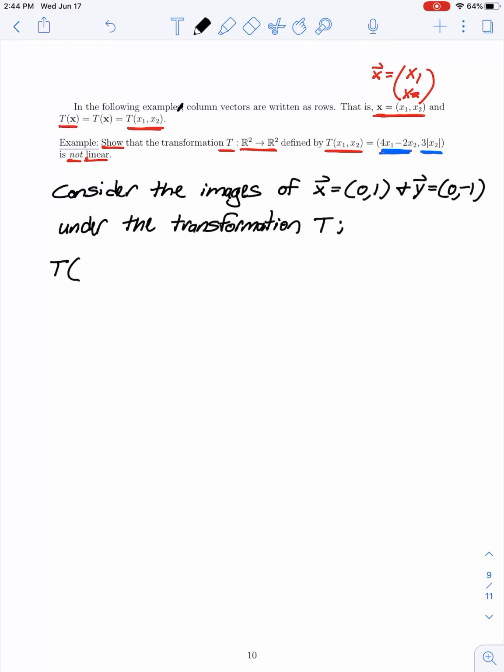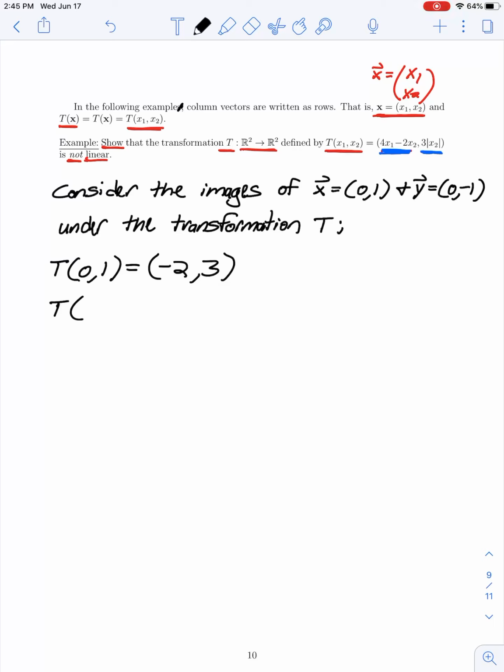So looking at T of x, which was the vector 0, 1, well, the first component is defined as 4 times x1, so that is 4 times 0, minus 2 times x2, which was 1, so we're left with negative 2. And the second component is 3 times the absolute value of x2. Now the absolute value of 1 is 1, so we have negative 2, 3.